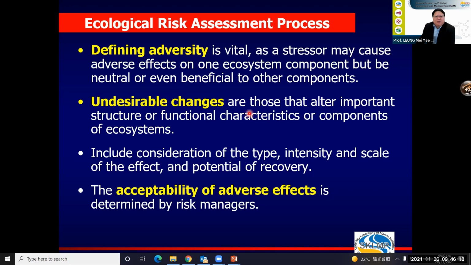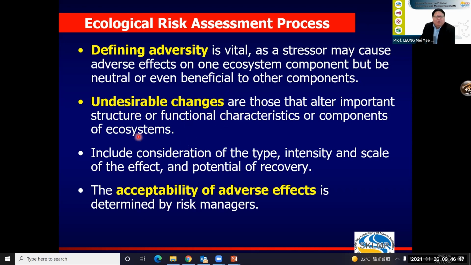If we try to protect the entire ecosystem, then we will look at whether this stressor will affect the ecosystem structure and function. For example, providing oxygen for us to breathe, or providing the cleaning by the biofilms that we need for the environment. If those functions are diminished or removed, then we can see this is unacceptable.